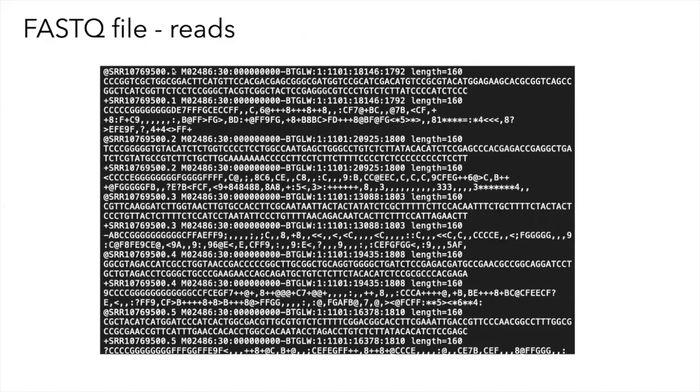FASTQ file, here you have the actual sequence of the read, plus what's called the Phred score. This is a score coming from the sequencer of how clear the signal is when the sequencer is reading the actual chemical reaction that produces this image that it is capturing and translating into letters.